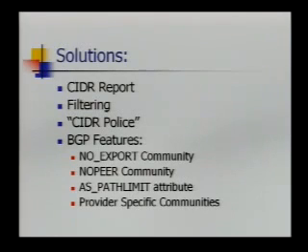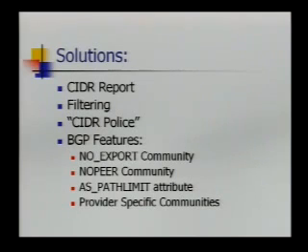Solutions: well, the CIDR report has been around for years and years. Certainly when I was working at an ISP in my early days in the industry, the CIDR report hadn't quite appeared. When it appeared, it was effective, and people paid attention to it. We've gone through the years of the late 90s and early 2000s, where people said, hey, look, I'm number one on the CIDR report, I'm the biggest ISP in the world, which wasn't quite the original idea. Of course, there's plenty of filtering available.